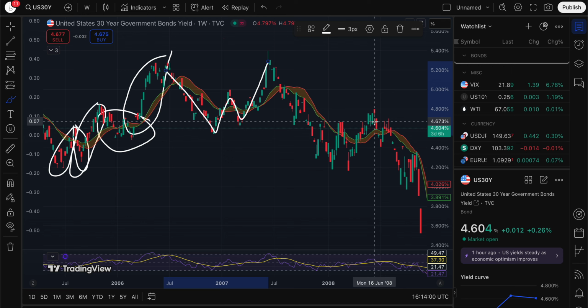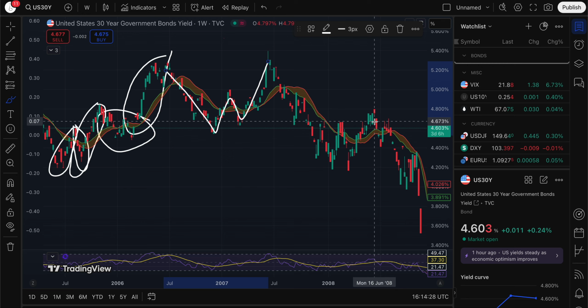I saw a lot of people catch up to it, especially during October or November, given the fact that in 2007 and 2024, the Fed started cutting rates on the same day. We had the first rate cut being a 50 basis point rate cut arrive on the day of September the 18th, if I'm not mistaken.